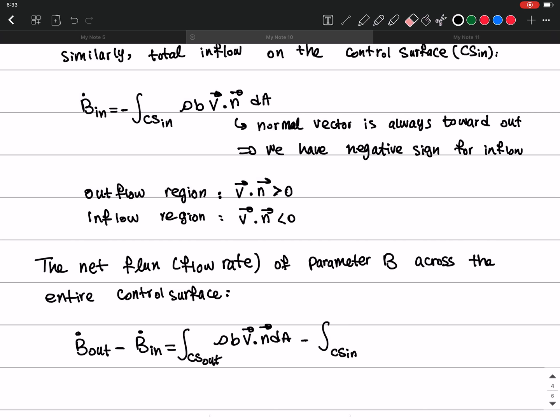Sorry, I have to write it like this. This is going to be minus, I have one minus here, and B dot in is also negative, so it's going to be minus the integral over CS in of rho b V dot n dA.